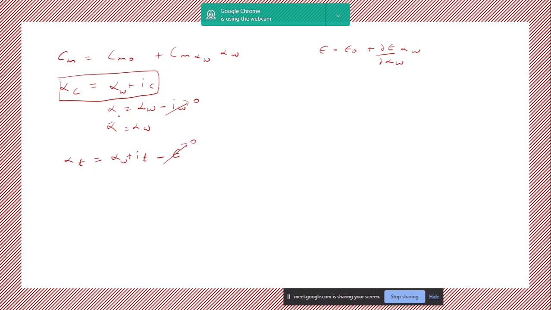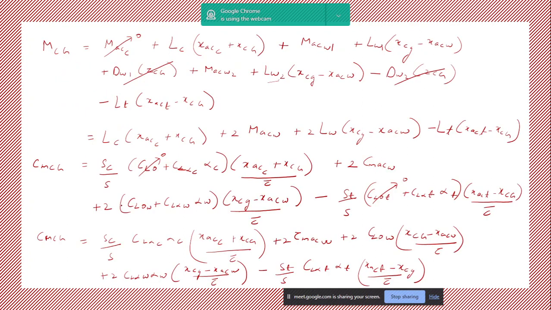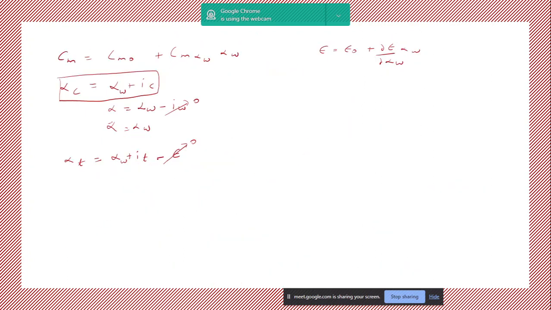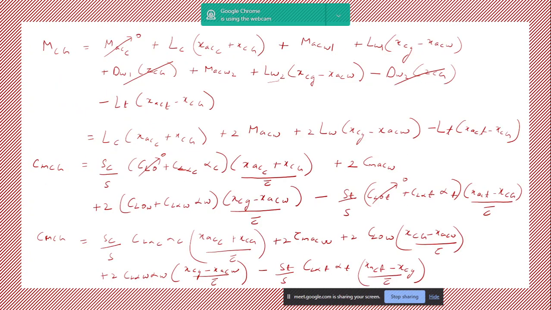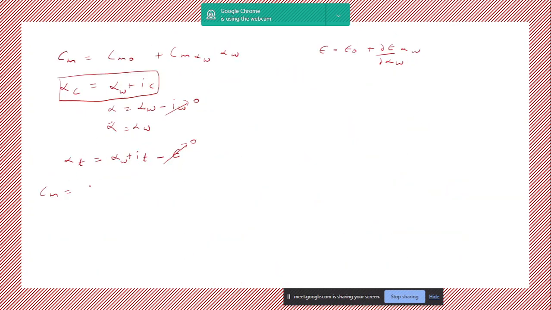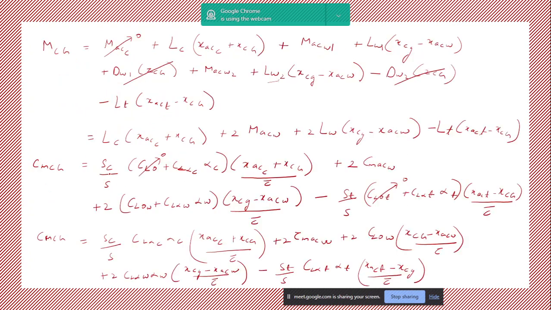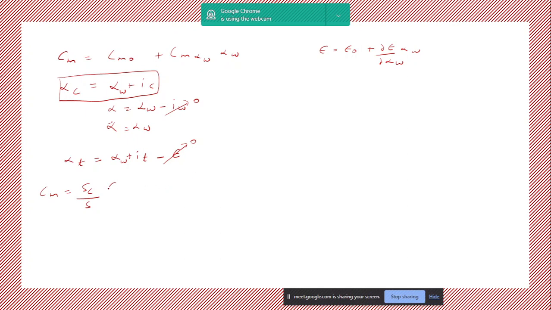So now when we substitute all of these terms into this equation CMCG, let me just write it. It will be Cm equal to, okay, this is going to be difficult. S_C upon S CLC. I'll write the Cm naught terms first.